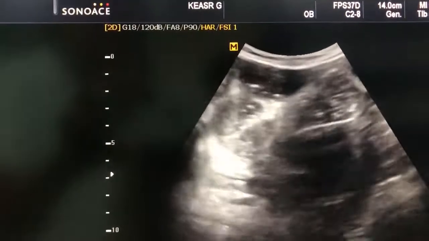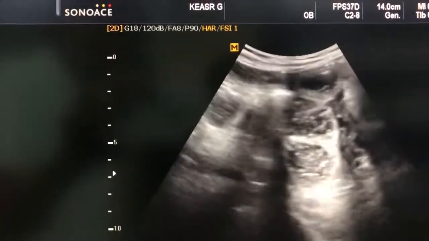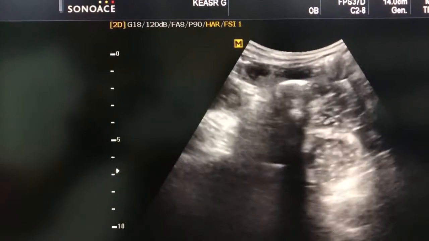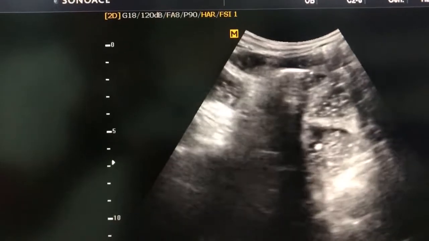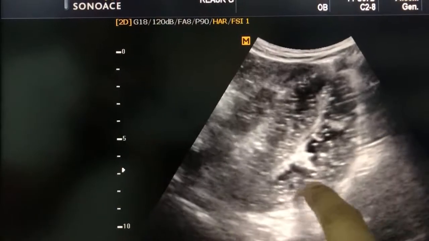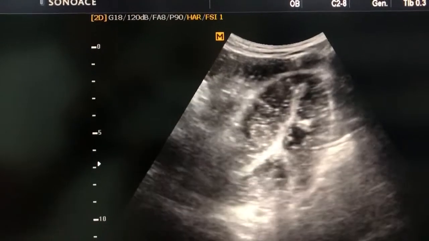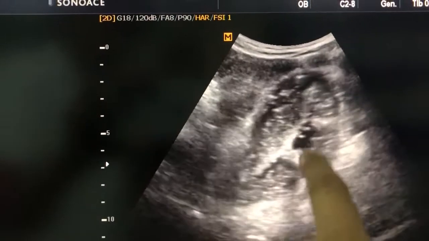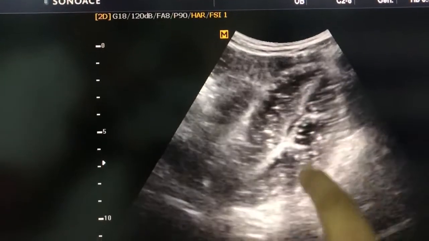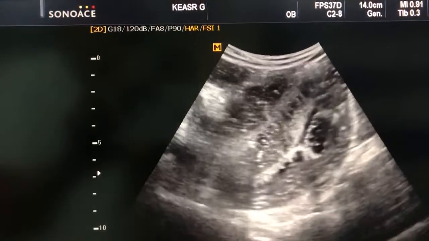This is a case of subacute type of intestinal obstruction, and these are the dilated intestinal loops. And what you see here is to-and-fro movement of the fluid. This is one of the features of intestinal obstruction.